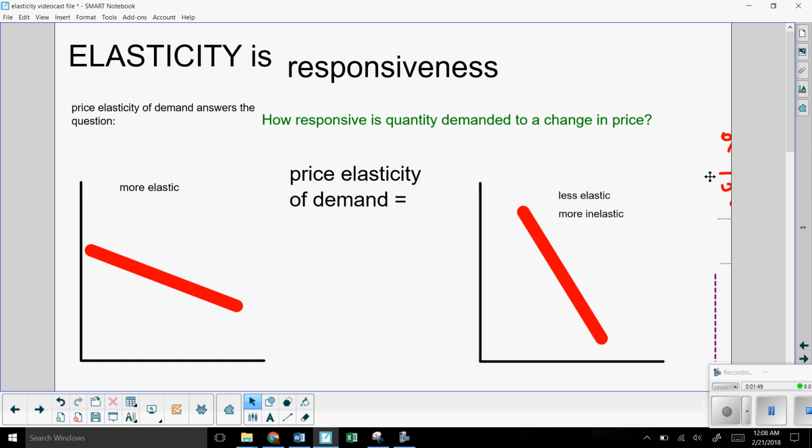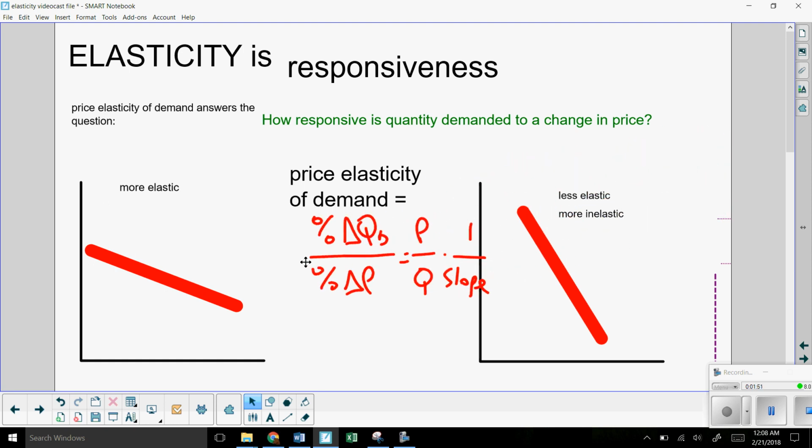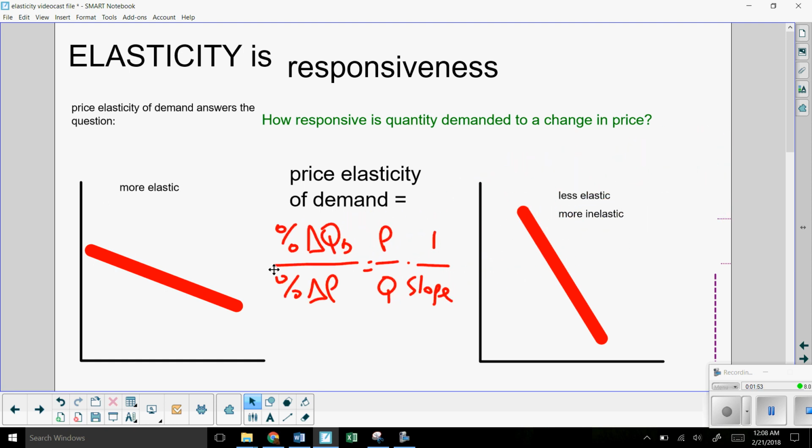So we can think about all those things. And in order to do that, we've got to introduce what, first of all, is going to look like a kind of yucky formula. So let's walk through it a little bit. It's the price elasticity of demand coefficient formula. So we can call this guy E_D, E sub D, for elasticity of demand. So it is percent change in quantity demanded divided by percent change in price.